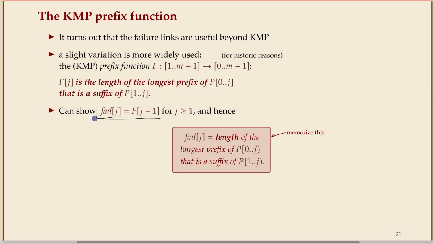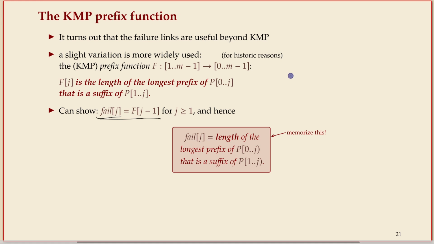It's just a shift by 1 in the index. So the definition that people would give for the prefix function is: f of j is the length of the longest prefix of the prefix of the pattern ending at index j that is also a suffix of that thing if you chop off the first character.